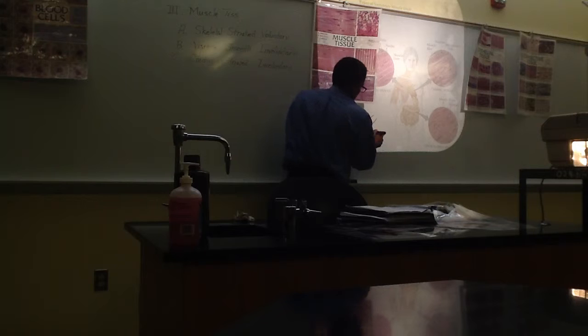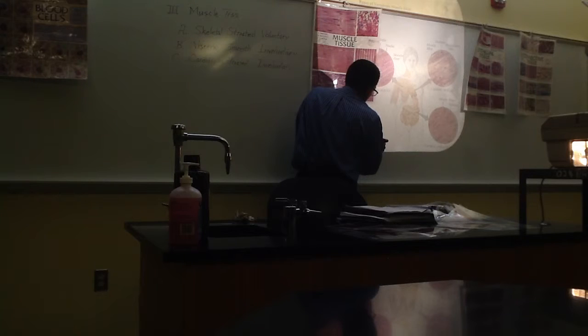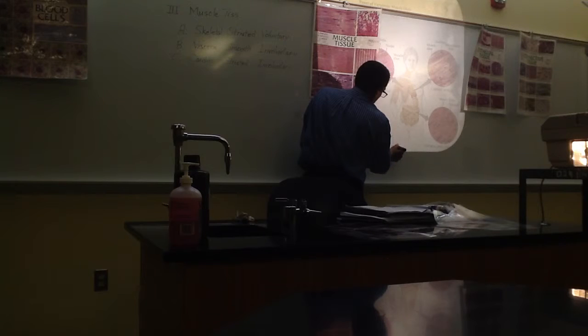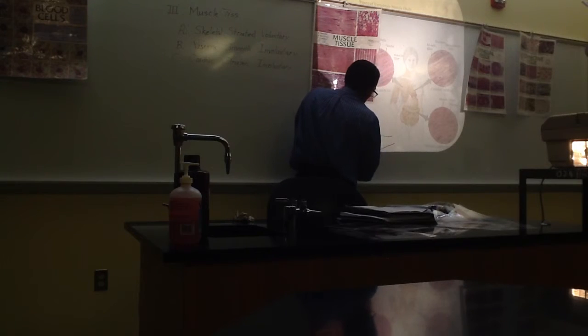But all of this might be one cardiac muscle cell. And this cardiac muscle cell will be connected by way of junctional complexes, extracellular proteins that hold the cells together very, very closely. And so this might be another cardiac muscle cell over here.